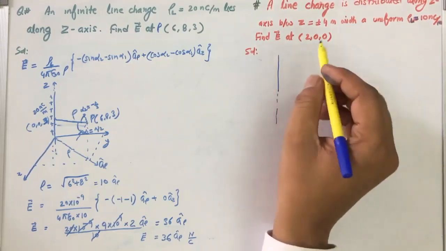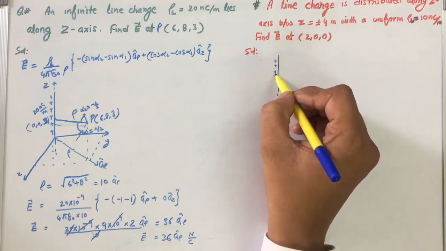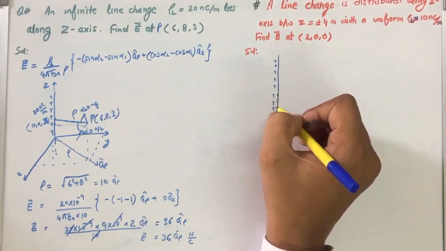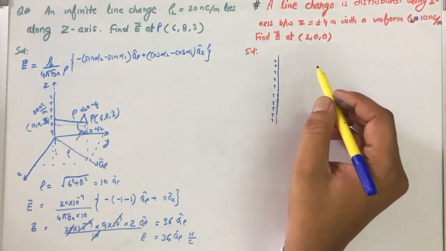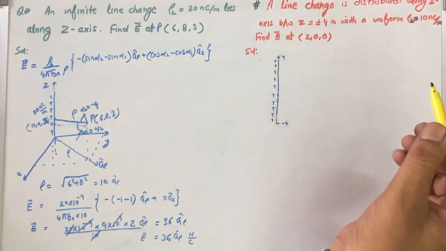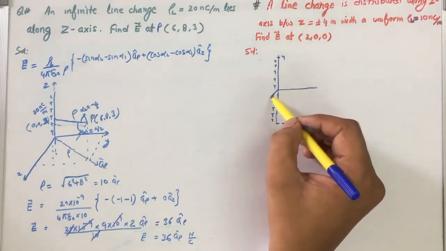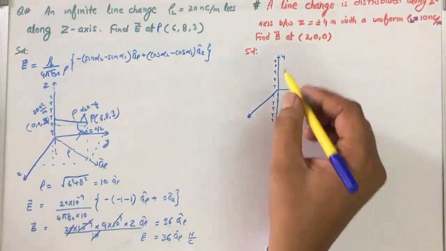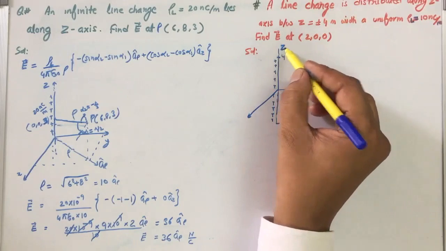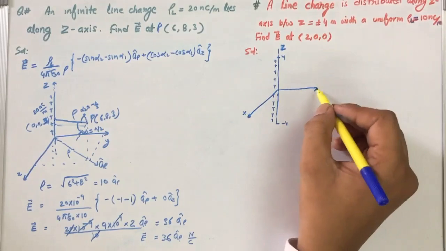This is the z axis, the charge is distributed along the z axis, from plus 4 to minus 4. Here will be the origin. If this is the z axis, then this should be x and this should be y.